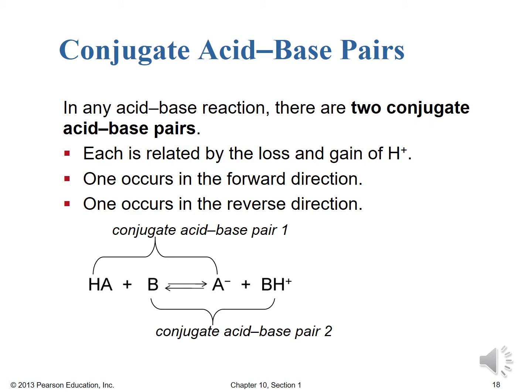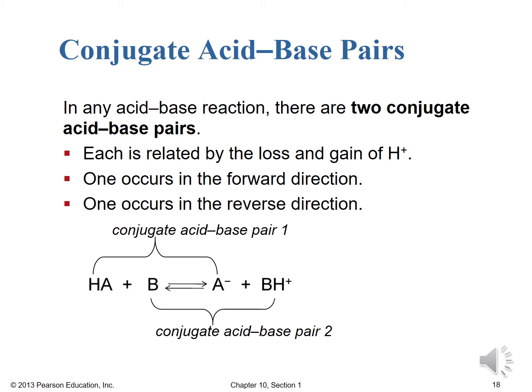Now, what we tend to look at in Bronsted-Lowry definitions is reversible reactions, if you think back to chapter 9. Here we have reversible reactions. These are weak acids and weak bases where it doesn't go completely. They're weak electrolytes. They dissociate to a small extent, but there's not complete dissociation. So in the case of either the reversible reactions or the weak electrolytic behavior, we get a forward and reverse direction.